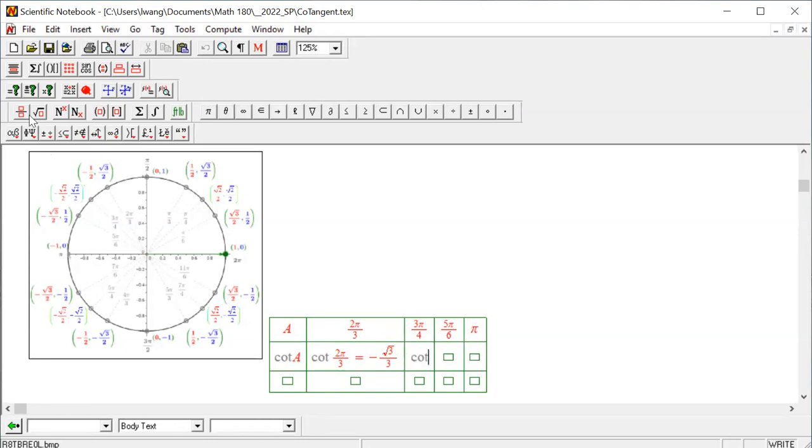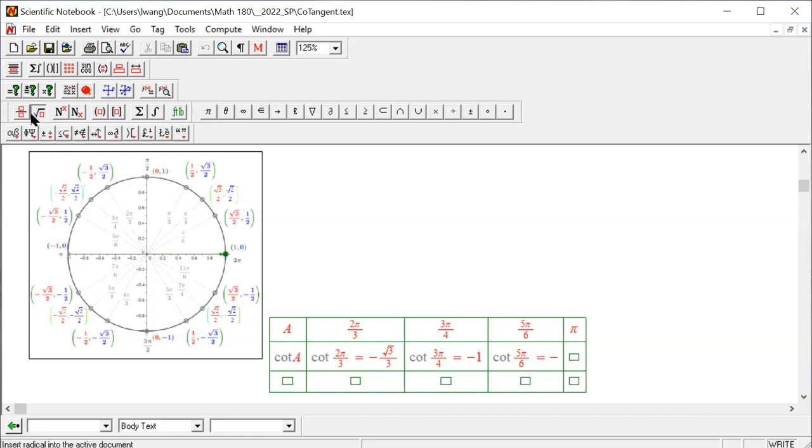Cotangent 3 pi over 4 is still red divided by blue, but they're opposite to each other, so it's going to be negative 1. Cotangent of 5 pi over 6, that's red divided by blue, that's going to be negative root 3.